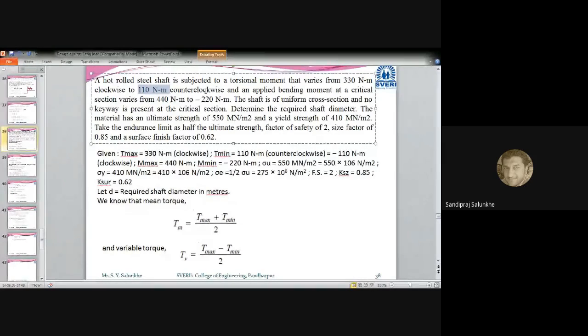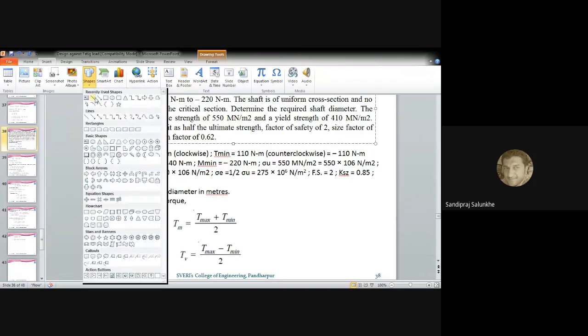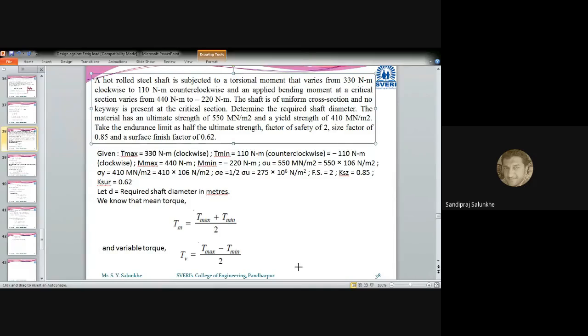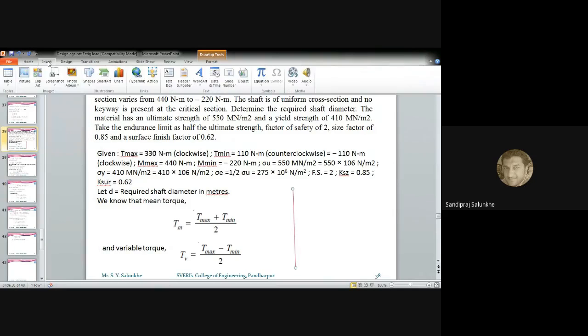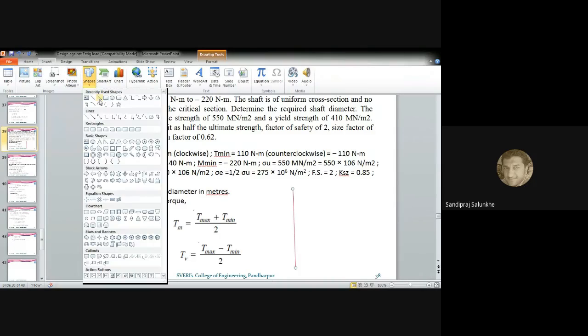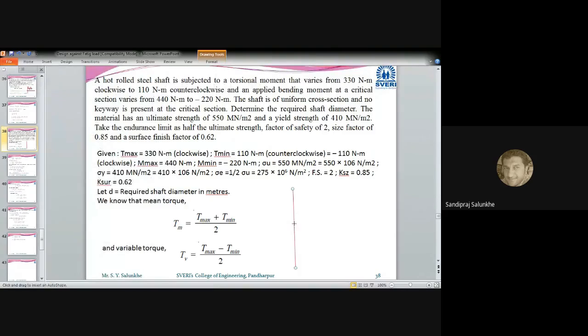Okay, so when we are going to consider the stress cycle, which we have already seen yesterday, on the y-axis we are going to mention torque in Newton meter, and on the x-axis we are going to mention time.